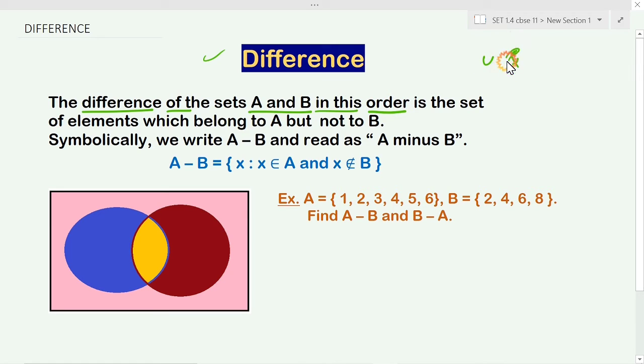For union and intersection the order does not matter, but for difference order matters. So the difference of the sets A and B is in this order. First we write A and then B.